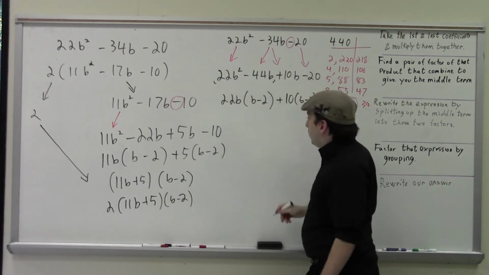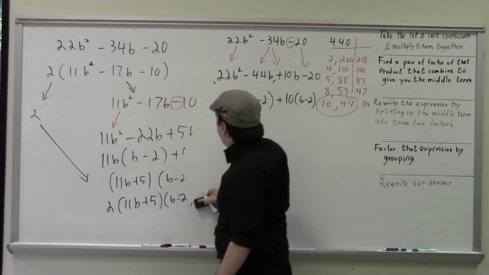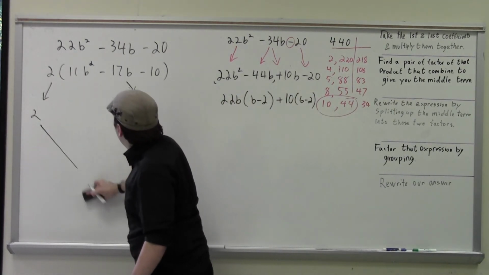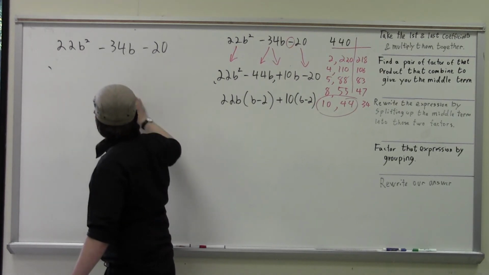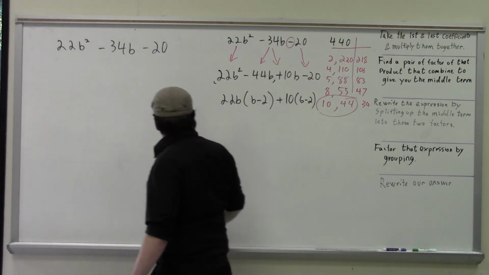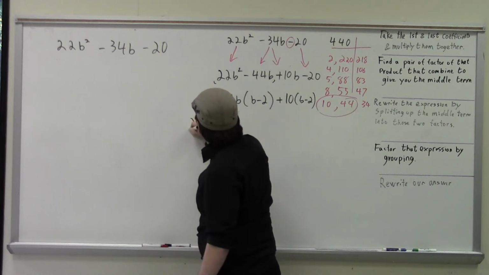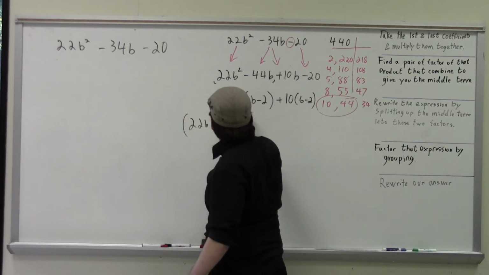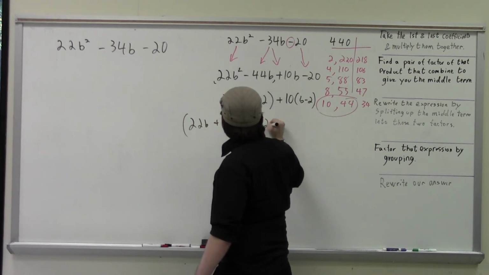And when we go to write our result, we're going to have 22b plus 10 times b minus 2.